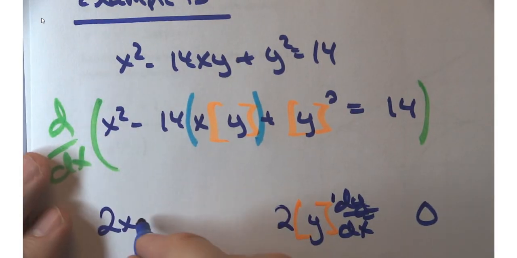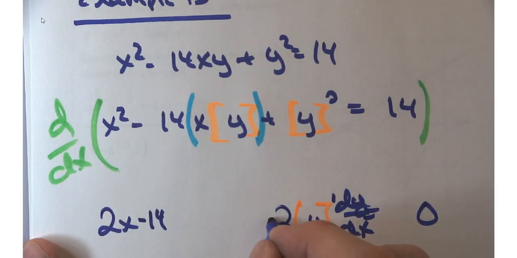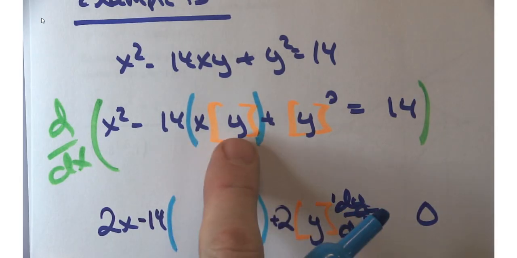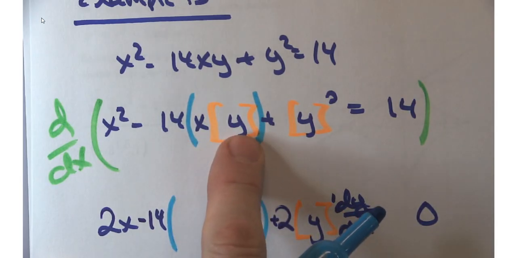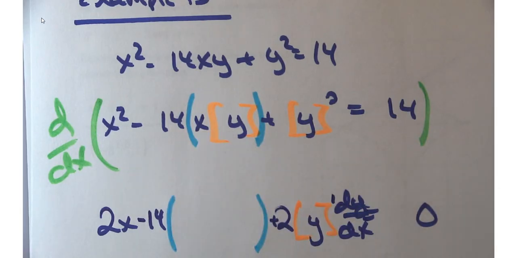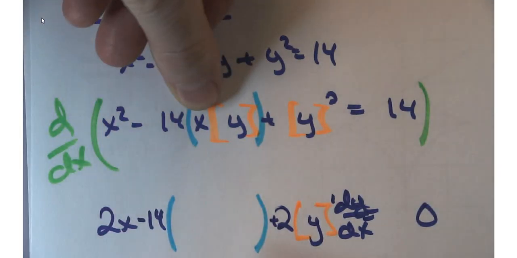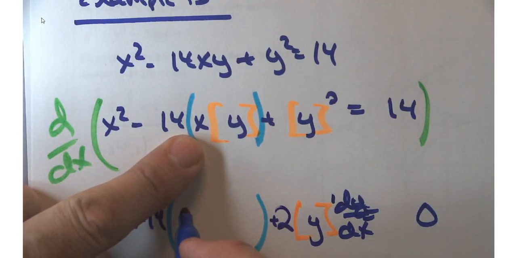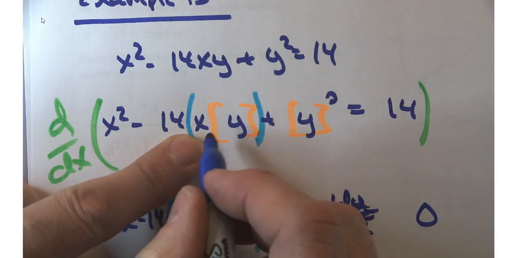So let me squeeze this in here. It's going to be minus 14, and then it's the derivative of the first times the second plus the derivative of the second times the first. Help me out with the derivative of the first. Derivative of x is 1 times y.